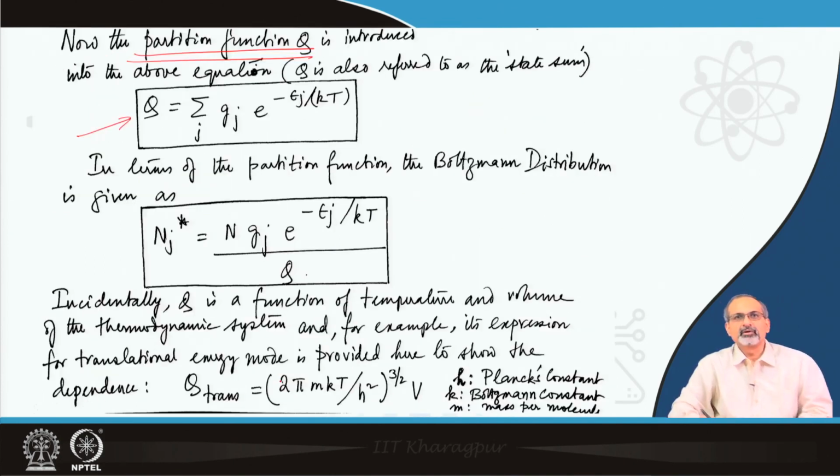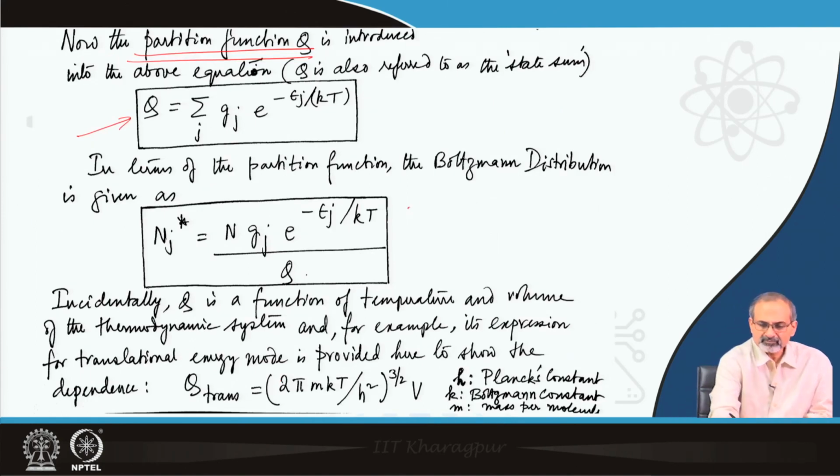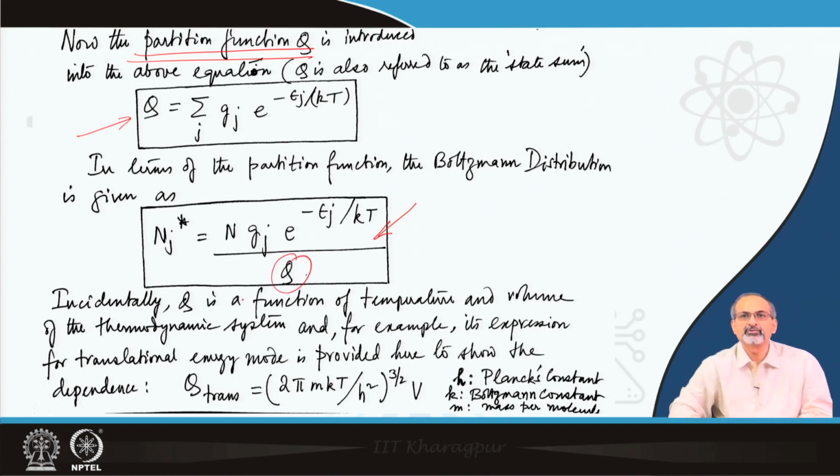Therefore, we are going to replace the Nj star equation that we had earlier with a form where the partition function is now introduced in the denominator. Remember that the partition function comprises a summation over all the energy levels.